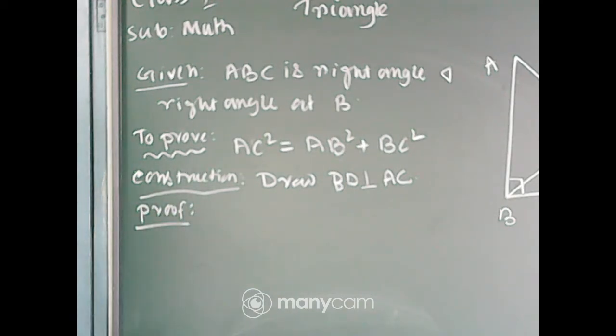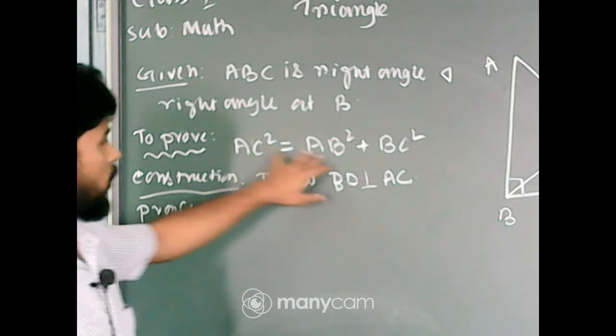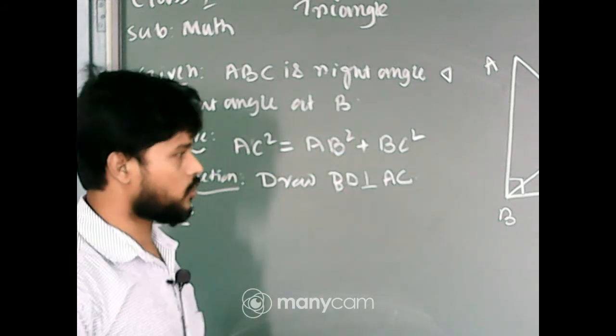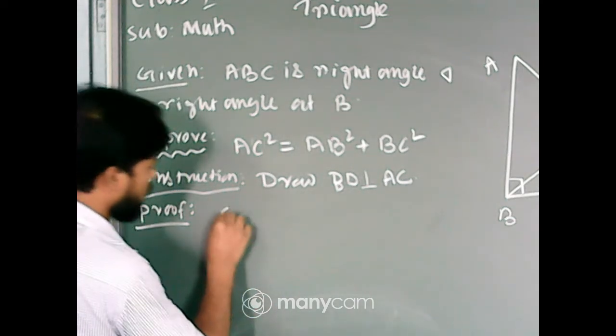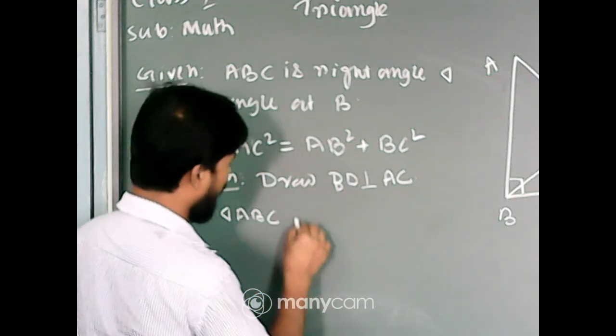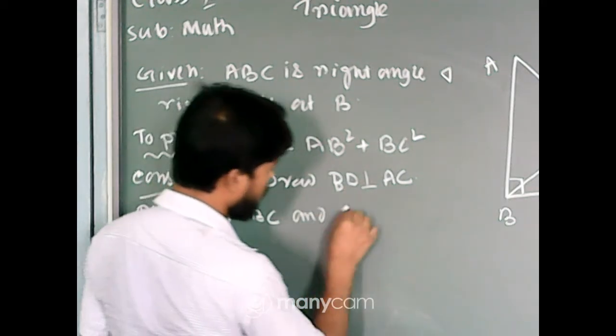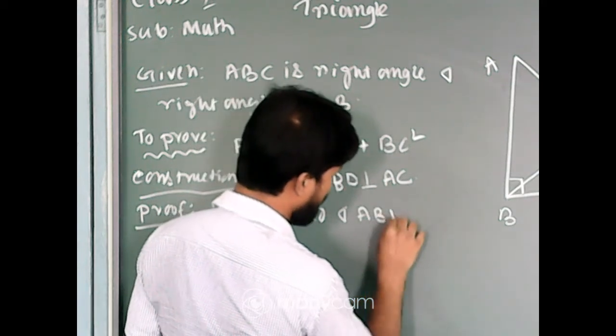Now the proof. How can we prove that AC square equals AB square plus BC square? To prove this theorem, we will consider the triangle ABC and the triangle ABD.